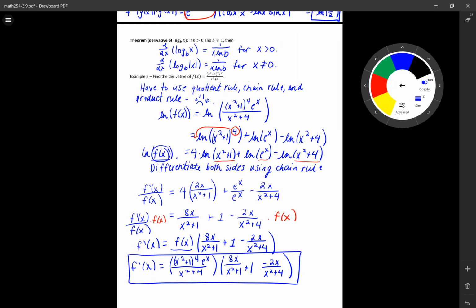And then I differentiated on both sides, and I was able to do that relatively easily using the fact that the derivative of natural log of u of x is equal to u prime over u. So yeah, this is a fairly tricky example, but I do think that it's nice to know that we have other ways of finding kind of complicated derivatives.